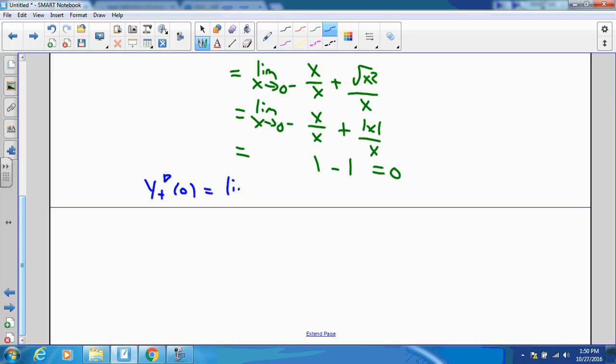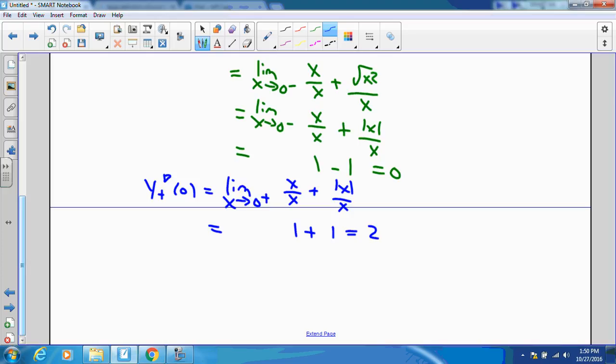But now y prime from the right is going to be the limit as x goes to 0 from the right. And here I can borrow the work that I did from the previous page. And so this limit is going to be 1 plus 1, which gives me 2.